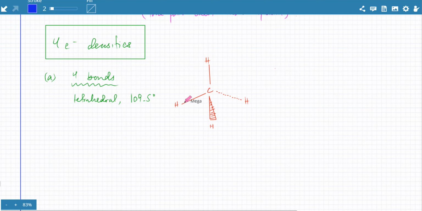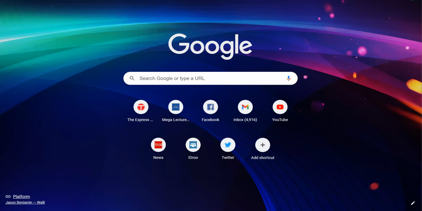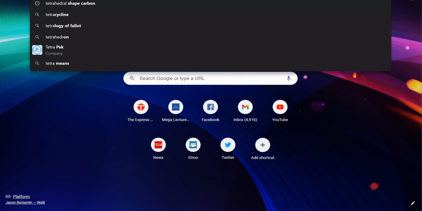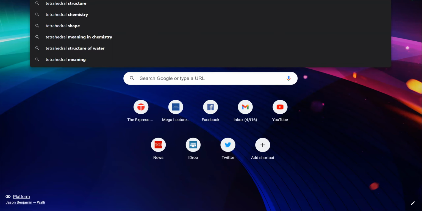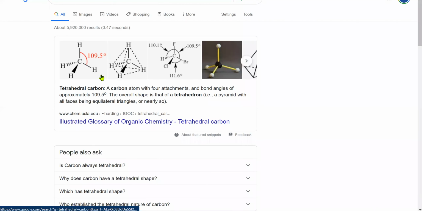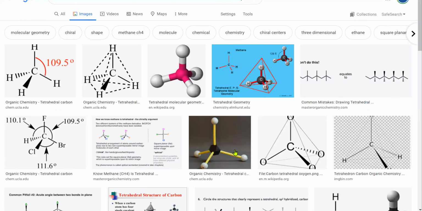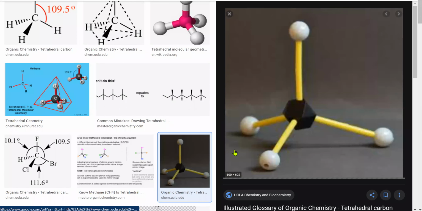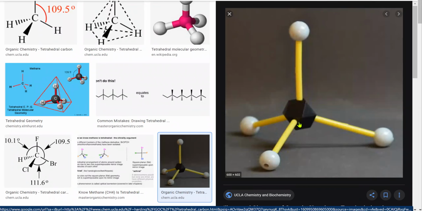Let me also show you a tetrahedral shape for carbon. We did this as well in hybridization. So this is how it actually looks. Whichever way you put it, it's going to look exactly the same.